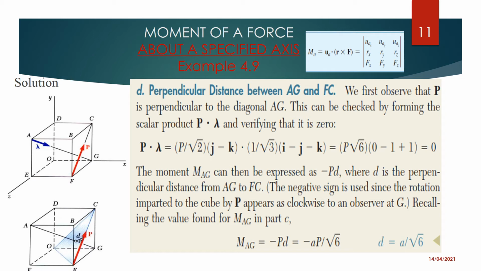When you get a 0, then you know that P is perpendicular to the diagonal AG.